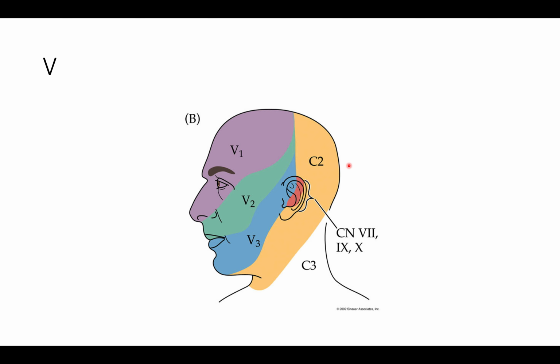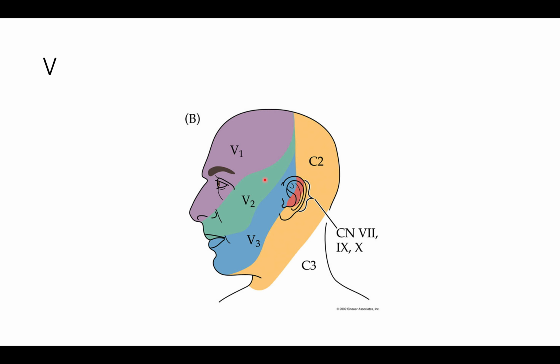Now we will talk about the trigeminal nerve, which is cranial nerve number 5. As you know, it has 3 branches. Sorry, I forgot it. So the mandibular, right?